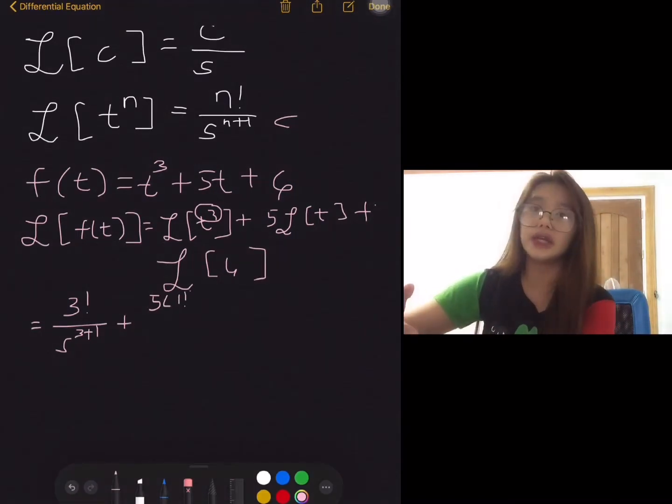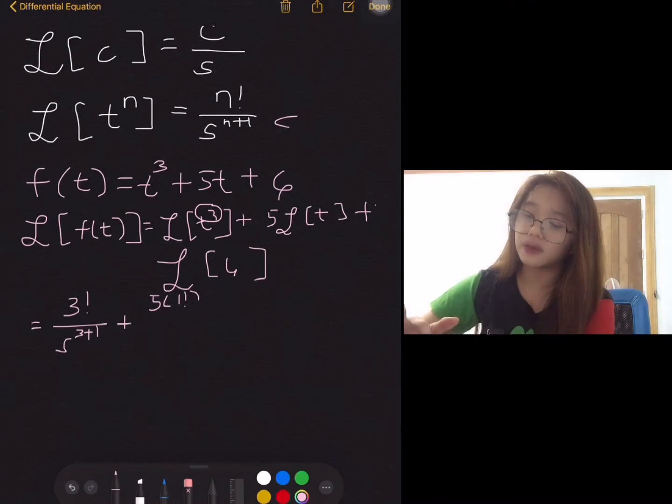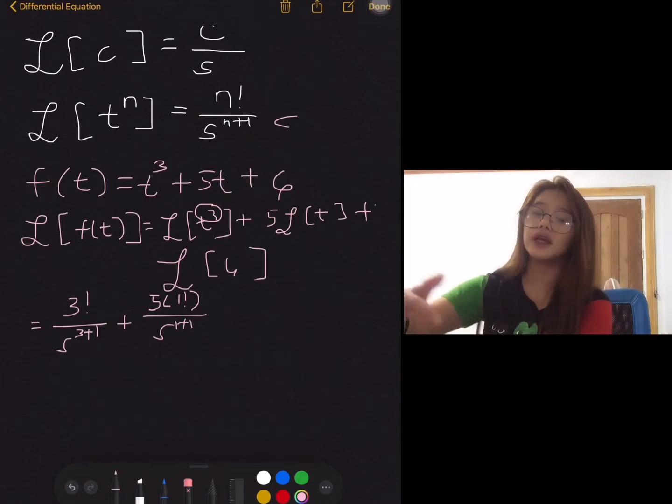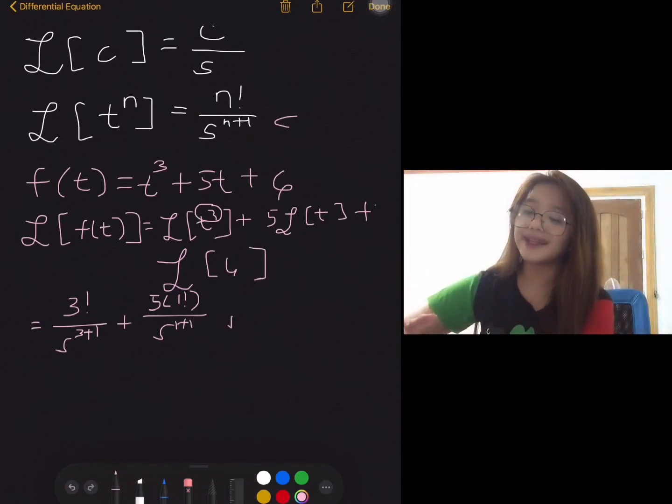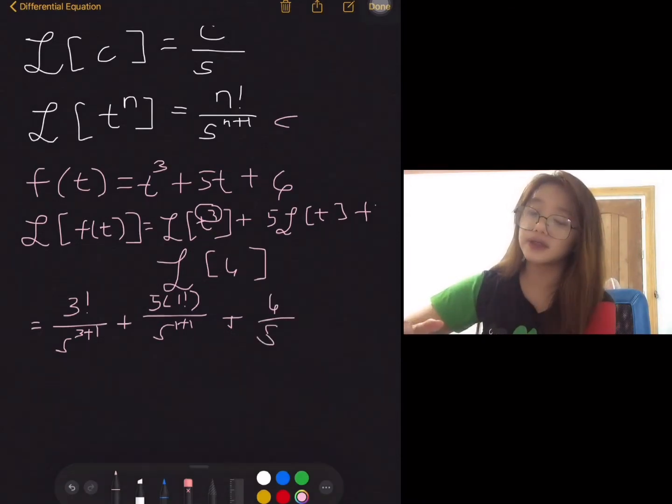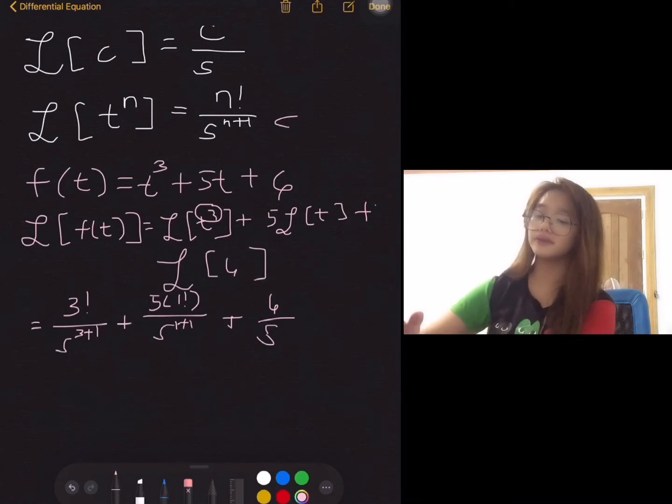Our exponent here is 1, so let's write 1 factorial over s raised to 1 plus 1. And for our constant, let's use this one. Our constant is 6, and the Laplace transform of it is 6 over s.